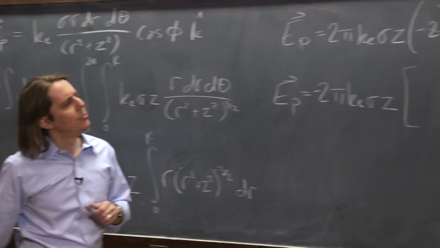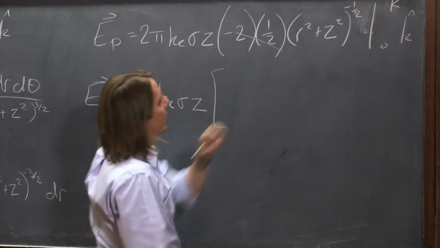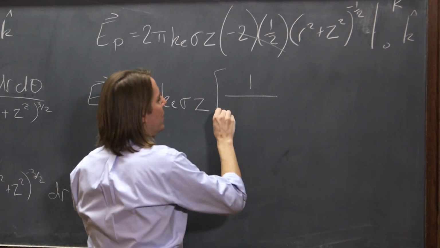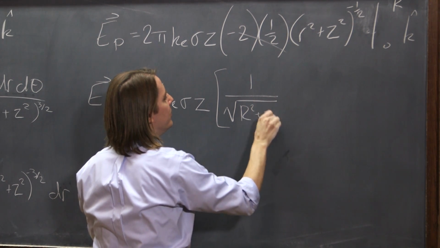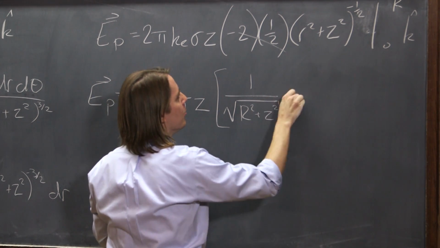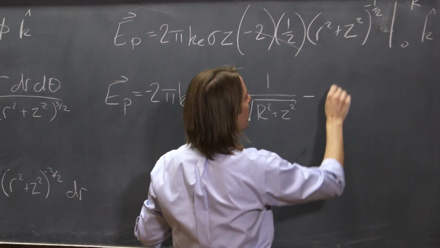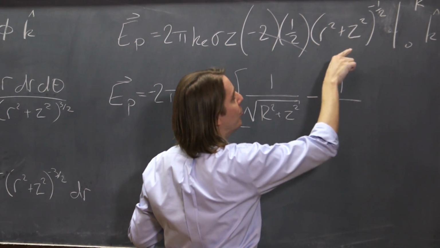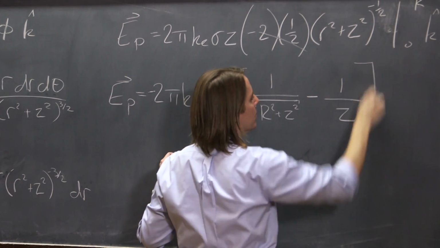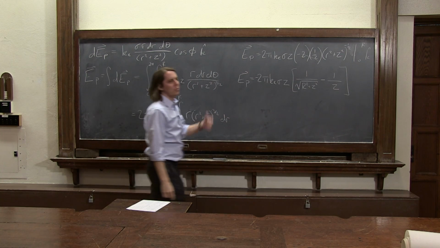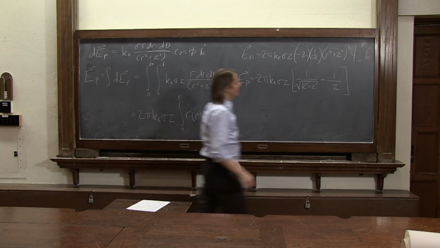And now we plug in big R into the little r. So that becomes 1 over the square root of big R squared plus z squared, minus, and now we plug in the 0 for the r, 1 over the square root of 0 plus z squared. Oh, that's just z. Once the r goes away, it's just the square root of z squared, so that's just z. In the k-hat direction, because of symmetry.